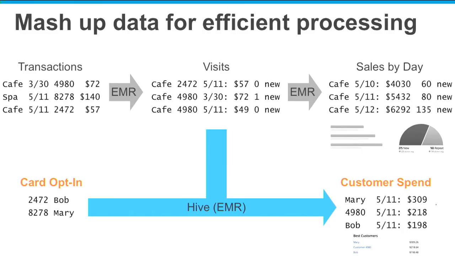So we use a Hive activity to join the visits that we spoke about before with this new input table to compute what we call, on the right-hand side, analytics documents that can be very efficiently queried to build the report that you see. Now, we've wound up with a much more complicated pipeline, a more complicated MapReduce flow. Data Pipeline makes it easy to manage this by specifying everything declaratively through dependencies.